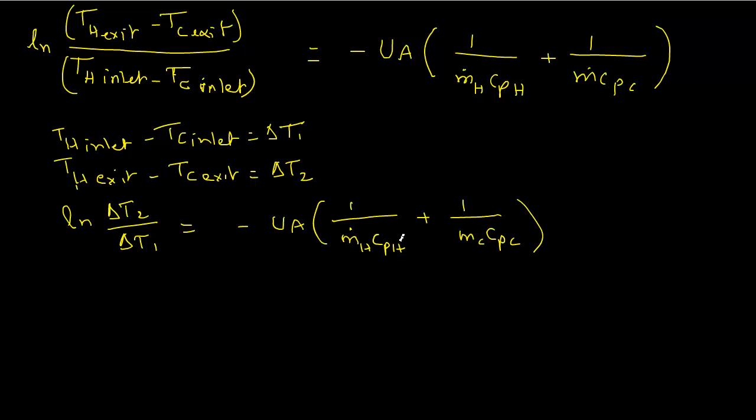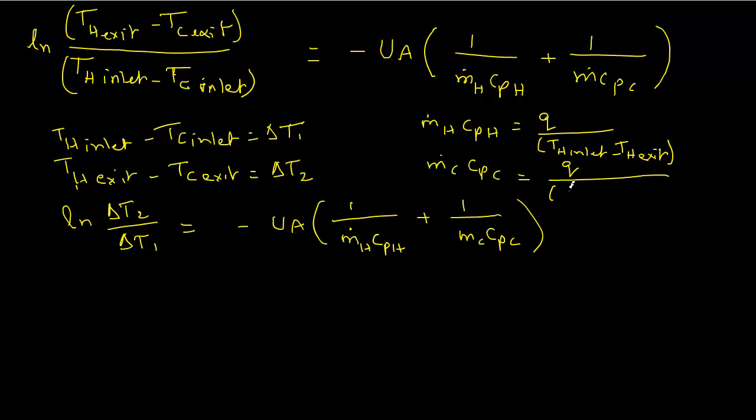This m dot h Cph comes from the heat balance equation, and recall that m dot h Cph equals Q over Th inlet minus Th exit, and m dot c Cpc equals Q over Tc exit minus Tc inlet.